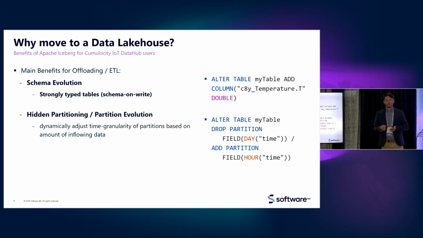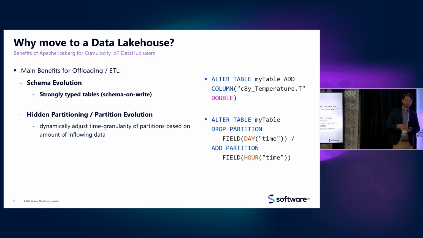And that will allow us, as an example, to change the size of a partition. So let's say we have some customers where tenants only have a low amount of data, then it makes sense to partition by day or even by month to have a reasonable partition size.